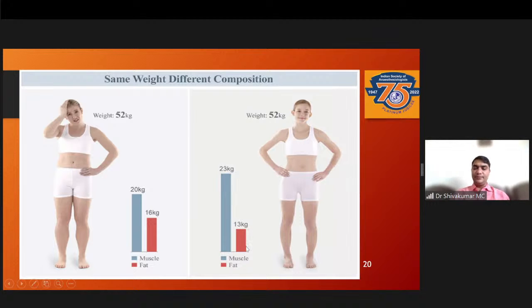Even though the patient has the same BMI, same height, same weight, the body composition varies. So if you give a fixed rate of infusion over a period of time, the distribution between V2 and V3 varies, and the recovery patterns also vary. So this is not suitable for regular use of Propofol maintained anesthesia.